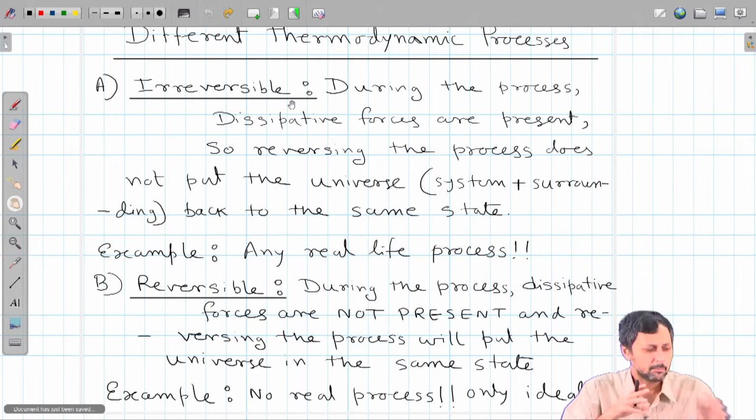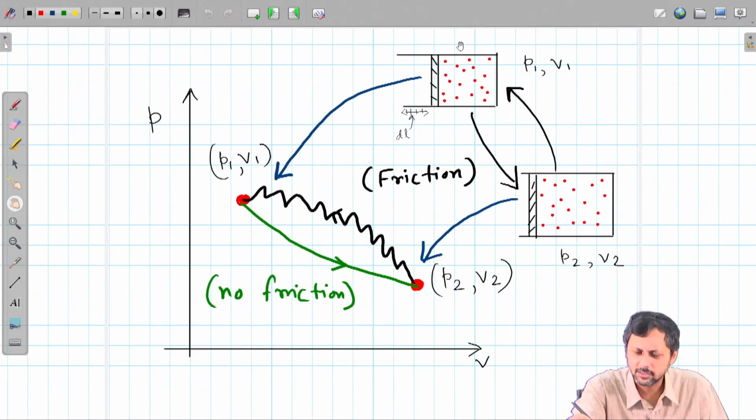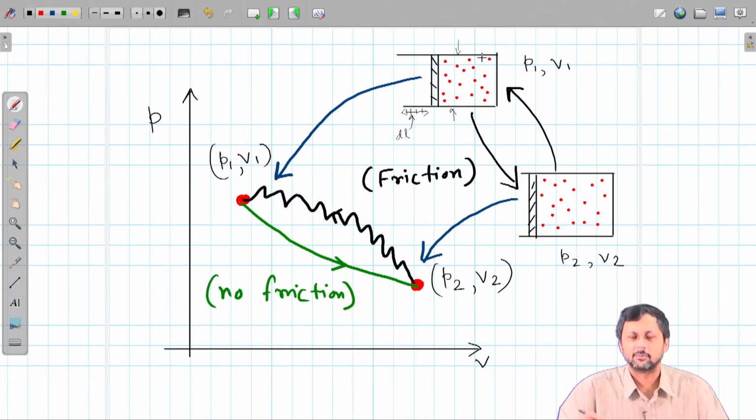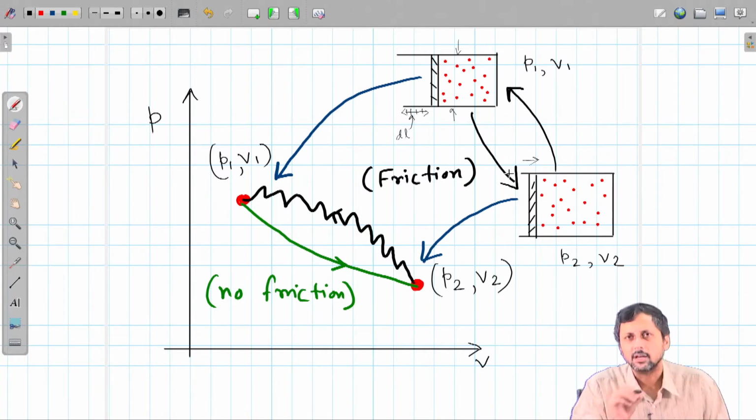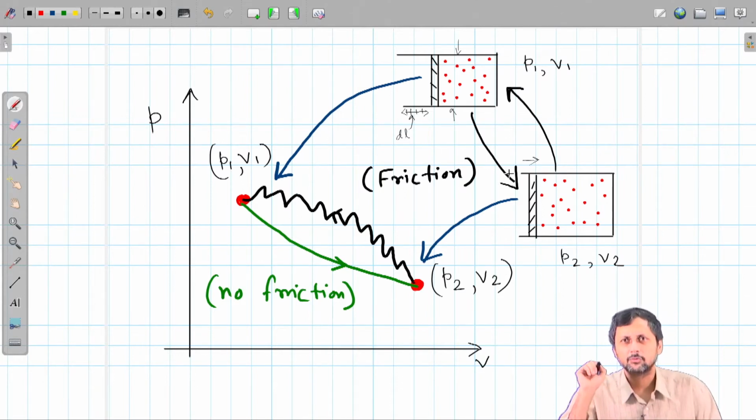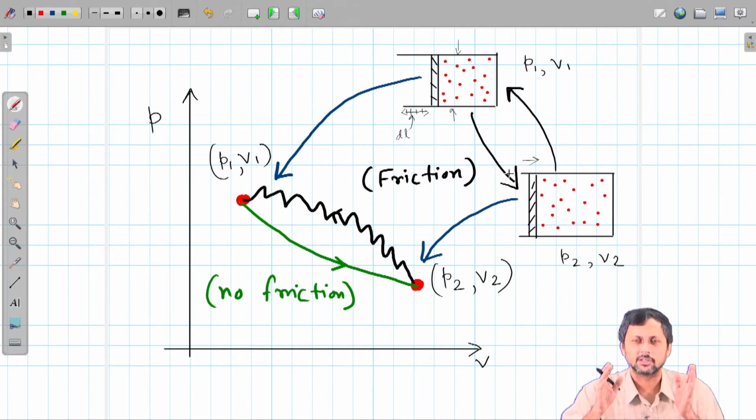But now, if frictional forces are present here, between the inner wall and the cylinder, then while the piston is moving outward or moving inward, in both cases there will be dissipative forces, or a certain amount of energy that will be lost in this frictional dissipation.